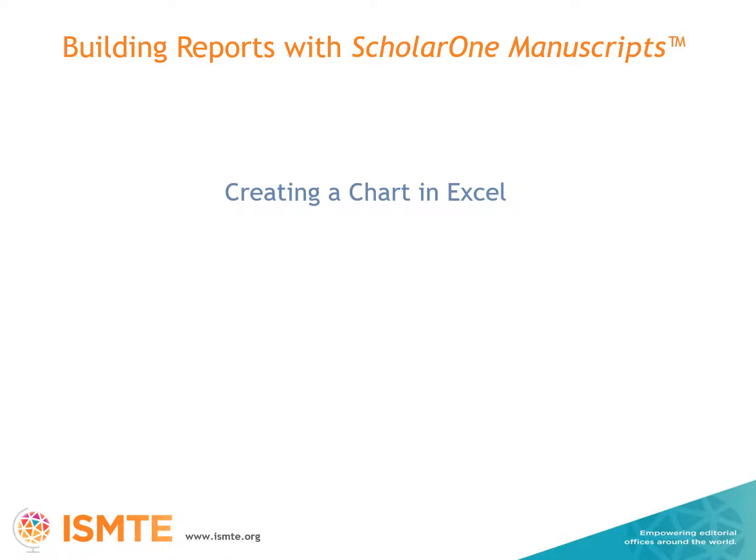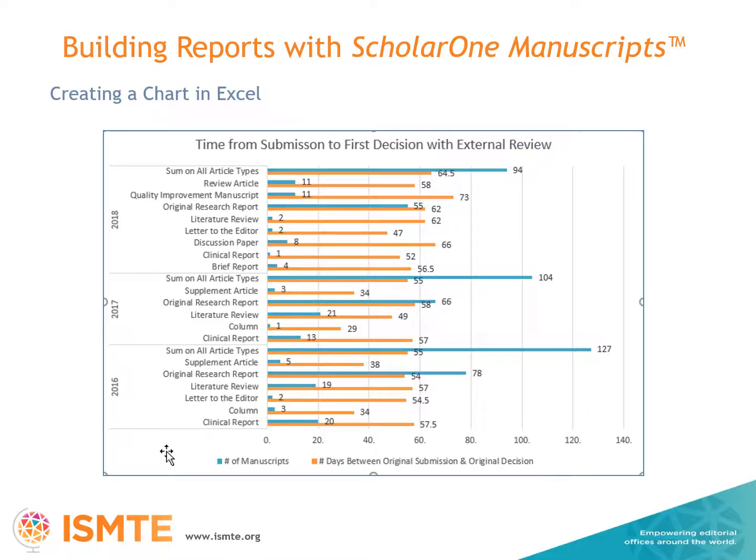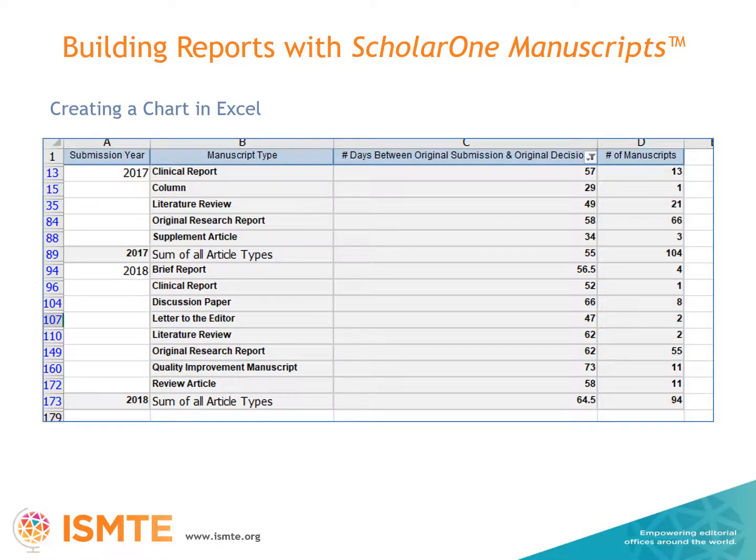Next, you're going to create a chart for your report in Excel. The chart that you will be creating will look similar to the example shown here. First, at the top of each section of submission year, type in the submission year. Then, delete the bottom section and add sum of all article types into the blank spaces in manuscript type.